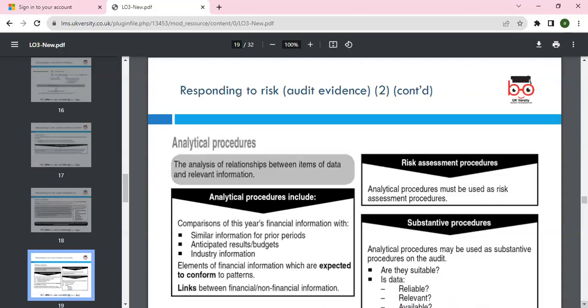Okay, analytical procedures: analysis of the relationship between items of data and the relevant information. Analytical procedures include comparison of the year's financial information with similar information from the previous period.